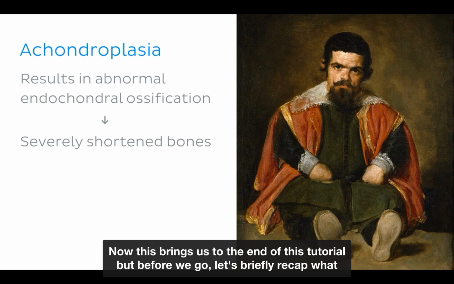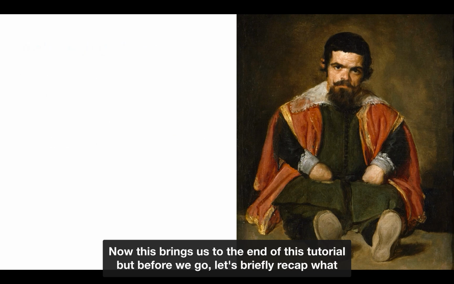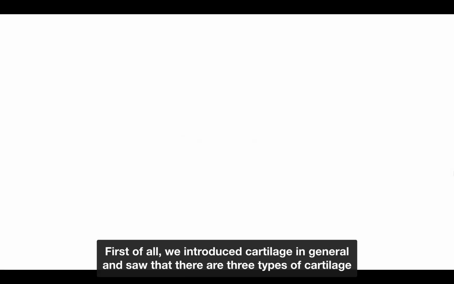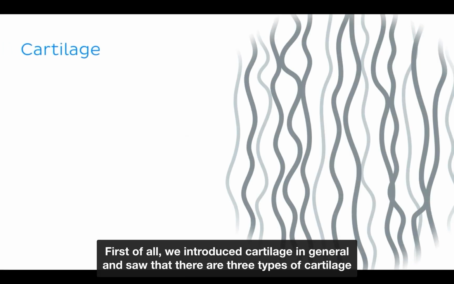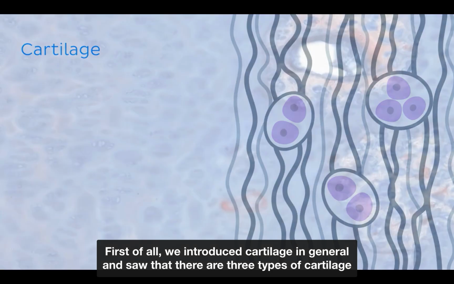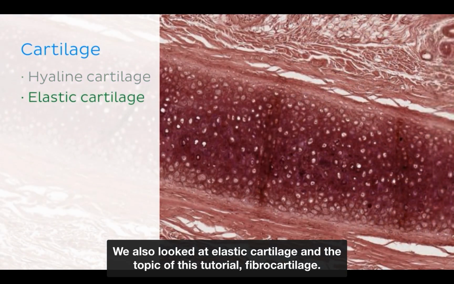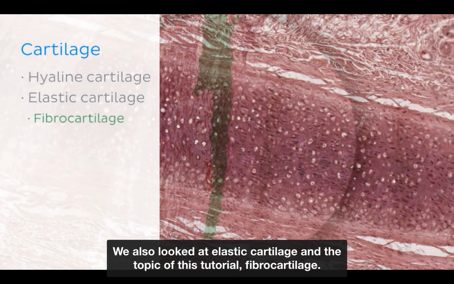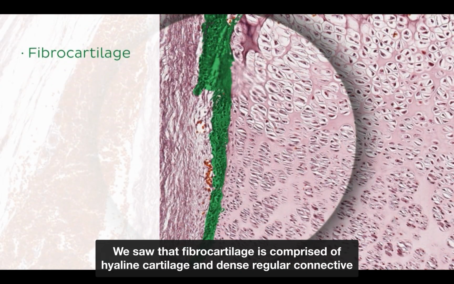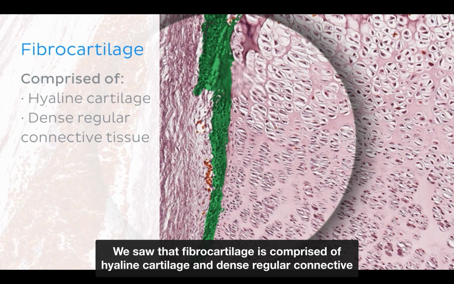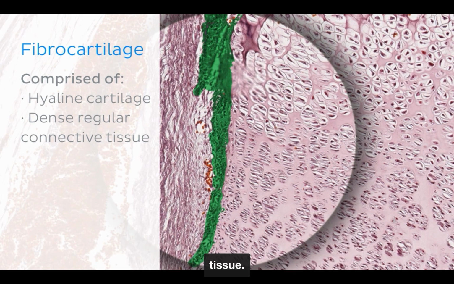Now this brings us to the end of this tutorial, but before we go, let's briefly recap what we looked at. First of all, we introduced cartilage in general and saw that there are 3 types of cartilage, which are hyaline cartilage, elastic cartilage, and the topic of this tutorial, fibrocartilage. We saw that fibrocartilage is comprised of hyaline cartilage and dense regular connective tissue.